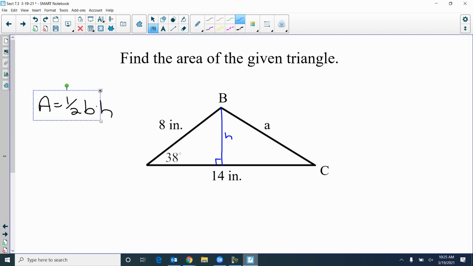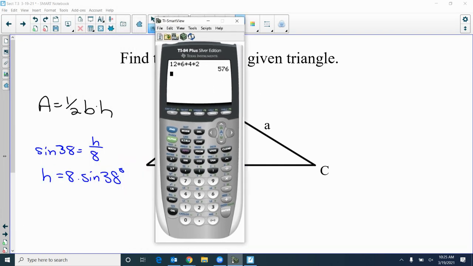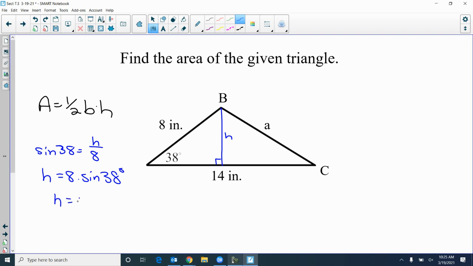Sine of 38 equals H over 8. And then H equals 8 times sine of 38. Now you either got 34.5 or 34.3, depending on how you round it. So 8 times sine of 38 gives you 4.9.